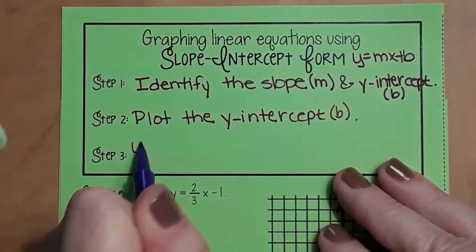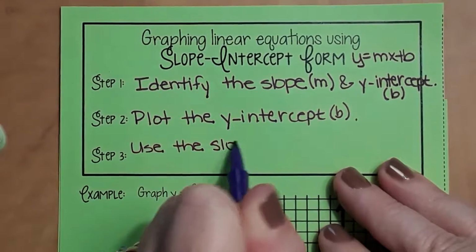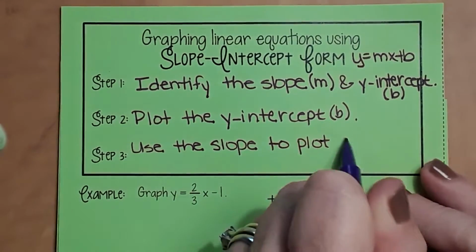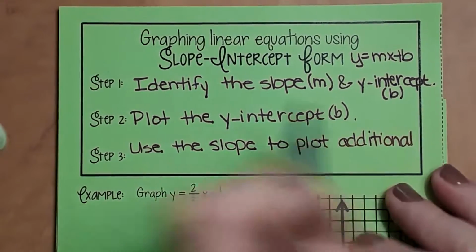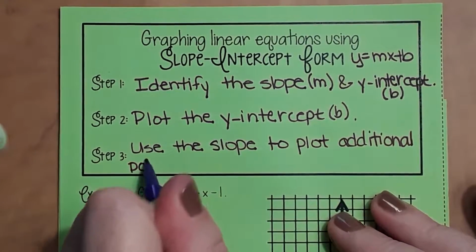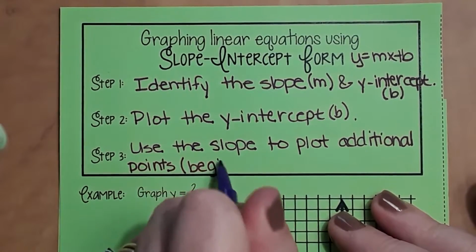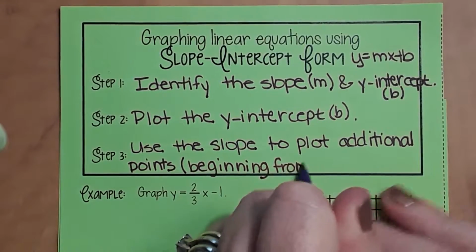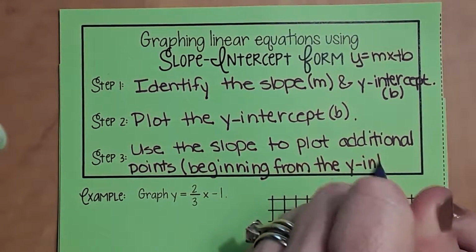Step 3, you're going to use the slope to plot additional points, and this is going to be beginning from the y-intercept.